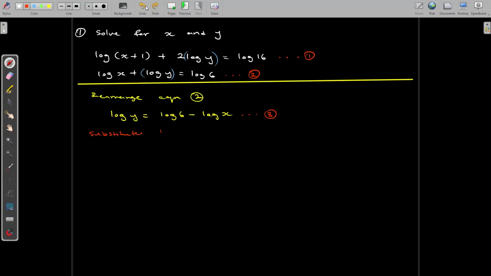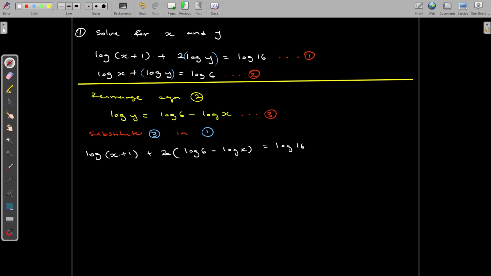Let's say substitute equation 3 in equation 1. So that will give us log x plus 1 plus 2 times log 6 minus log x is equal to log 16. Alright, so that's what we have so far.